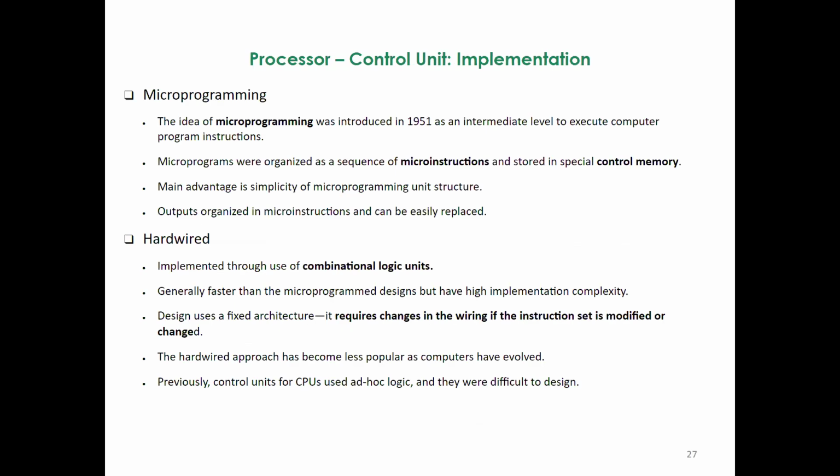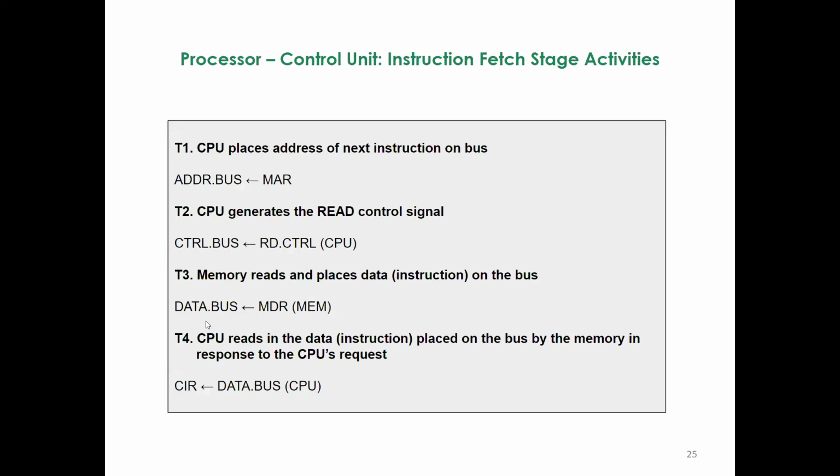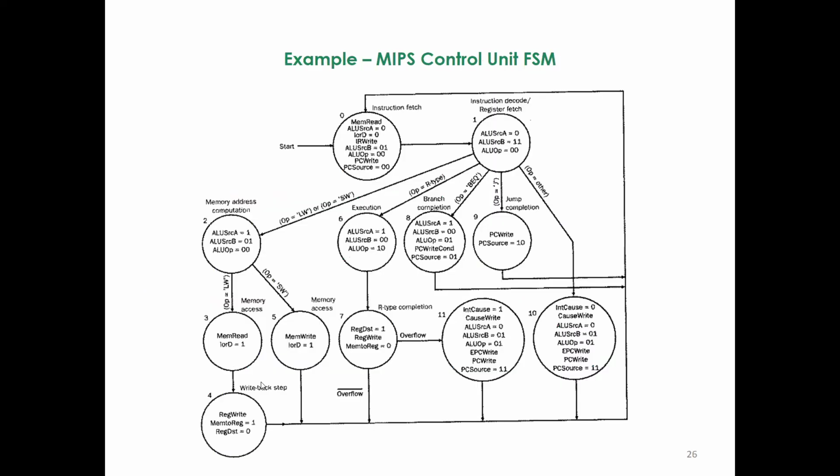So how do you implement the control unit? It's either microprogramming or hardwiring. With microprogramming, you write a program that implements the finite state machine that defines how the CPU works.